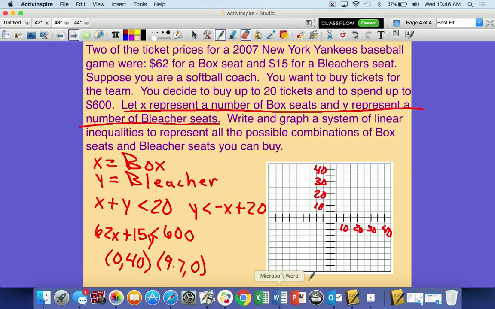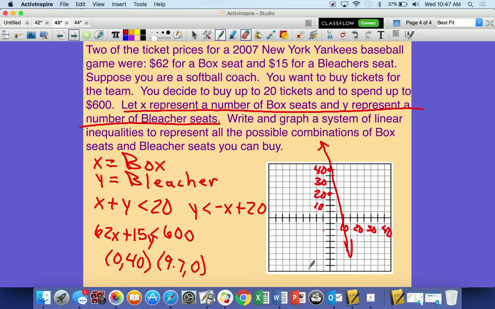And then we're going to get those two equations on our graph. Well, 0, 40 is up here. 9.7, so a little bit less than 10, so give it a guess. And then connect those points. Now, negative x plus 20, so our slope is negative 1, our y-intercept is 20.